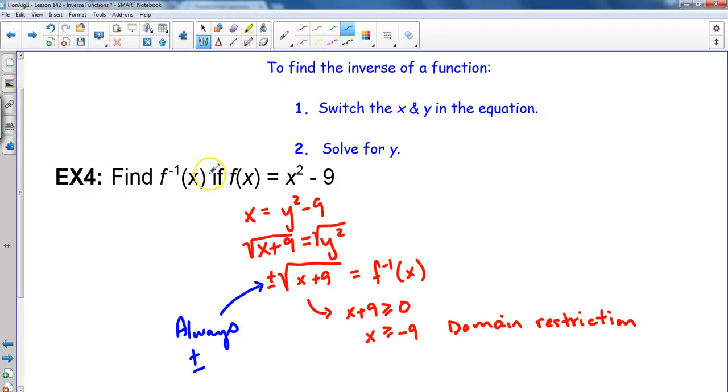Okay, so to answer this, the inverse of f of x, this is our answer here. It's equal to plus or minus the square root of x plus 9. That's the inverse function. But the little things about this function are the domain restrictions, and we always get two different answers, which makes it actually not a function.